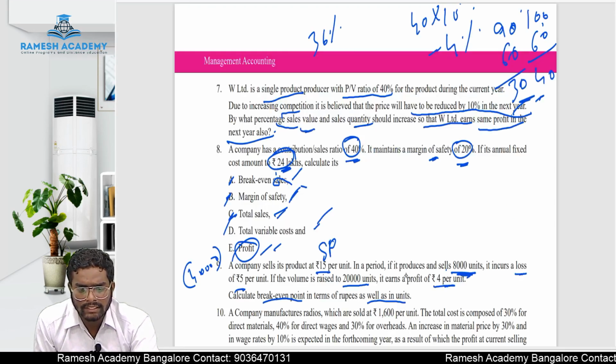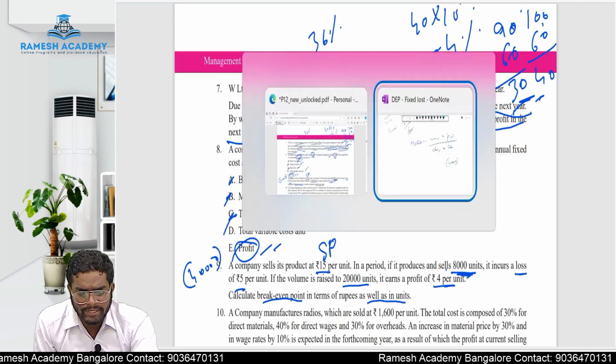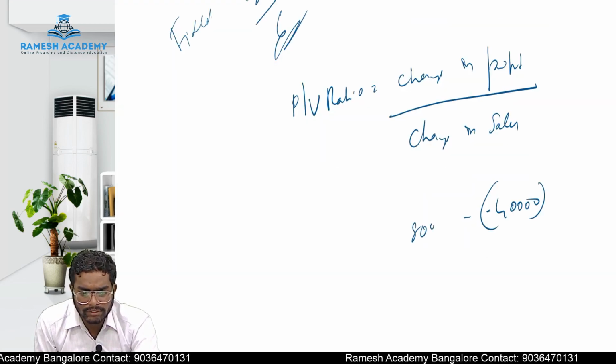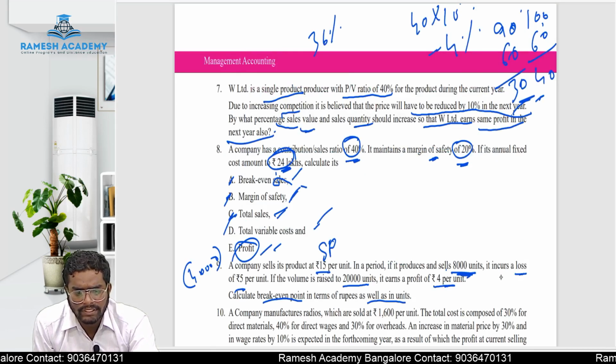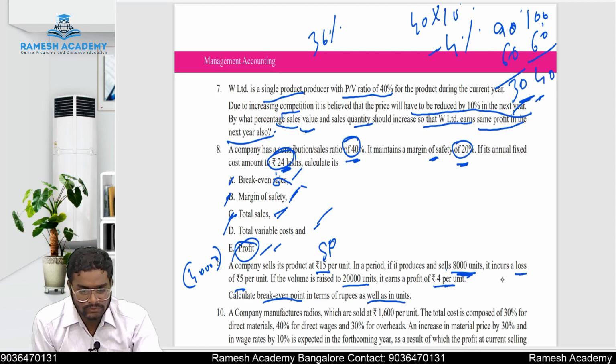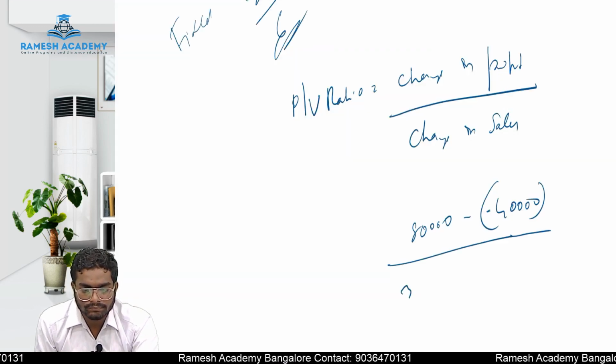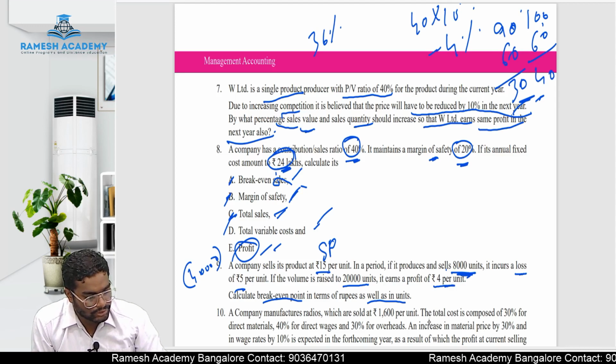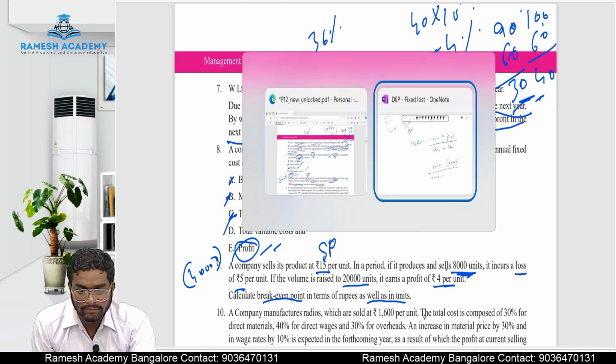Then it made a profit of 4 rupees when it made a sale of 20,000 units, so 80,000. The sale for 20,000 units is 20,000 into 15, which is 3 lakh, and minus 8,000 into 15, 1,20,000.